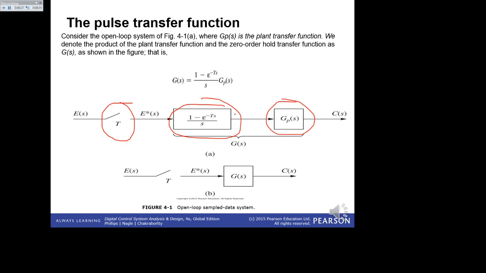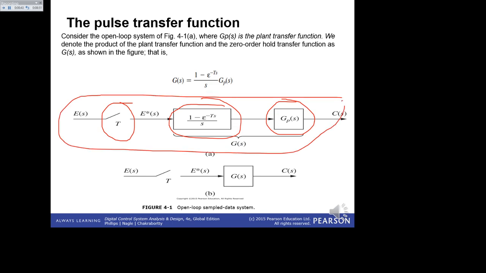What we are going to try and find out here is the transfer function of this open loop system. We call the complete system an open loop system because there is no feedback. You all know about that.